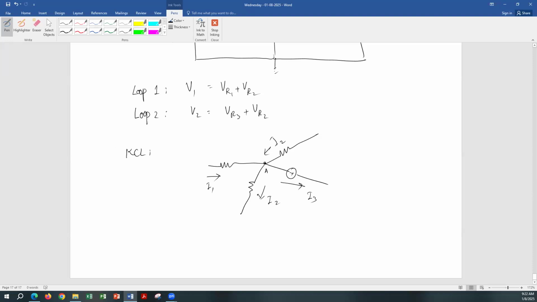What does KCL say? Exiting the node. Very good, excellent. The sum of the currents entering the node should be equal to the sum of the currents exiting the node.